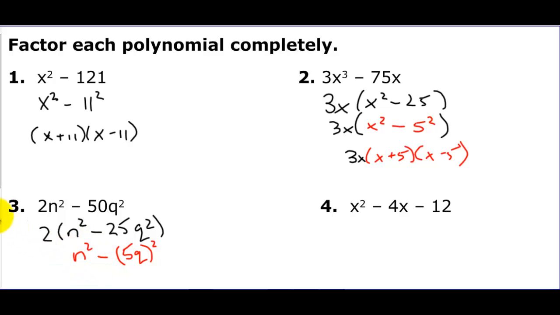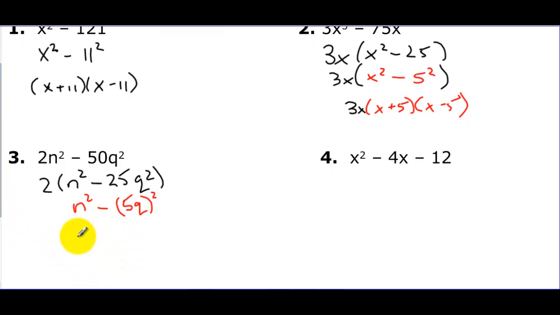All right, so I'm going to say this turns into n plus 5q and n minus 5q. And the 2, again, is just going to come down. It's going to be sitting on the outside the whole way, and it's going to sit there at the beginning of this one too. So I'd say completely factored, can't factor any of the other expressions again.